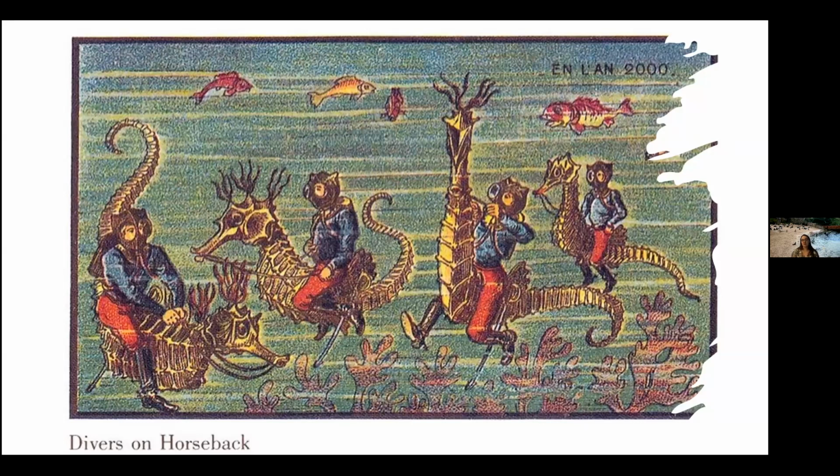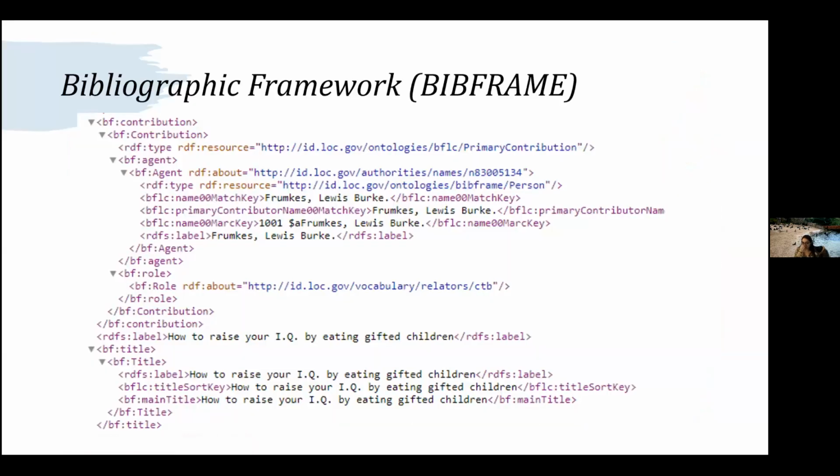It's MARC 21's time for a new standard to come, and that standard is the bibliographic framework. So BIBFRAME is linked data compatible again. Along with RDA, it is also working to make the data compatible with other data sets from outside of the library world.